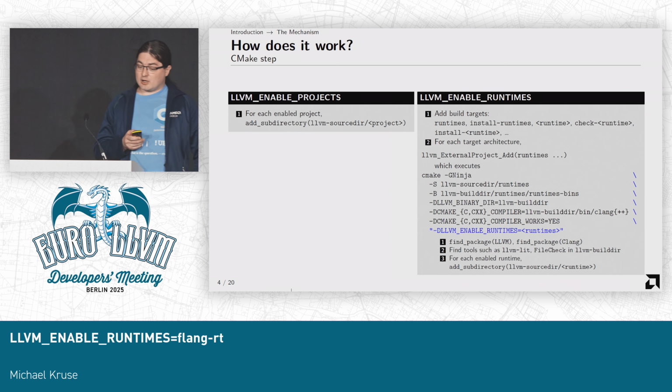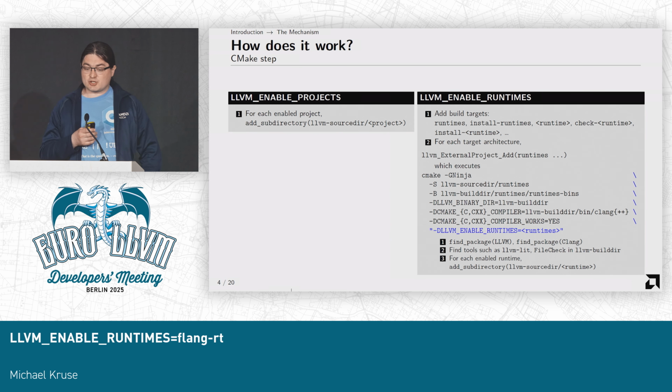So how does it work? If you have LLVM_ENABLE_PROJECTS, it uses just standard CMake facilities, like recursing into the projects with add_subdirectory. If you use LLVM_ENABLE_RUNTIMES, it does something different.